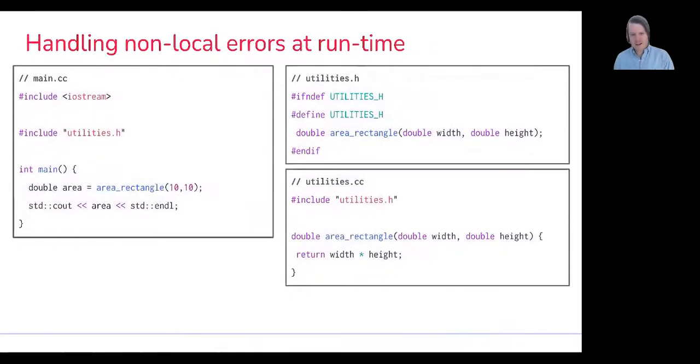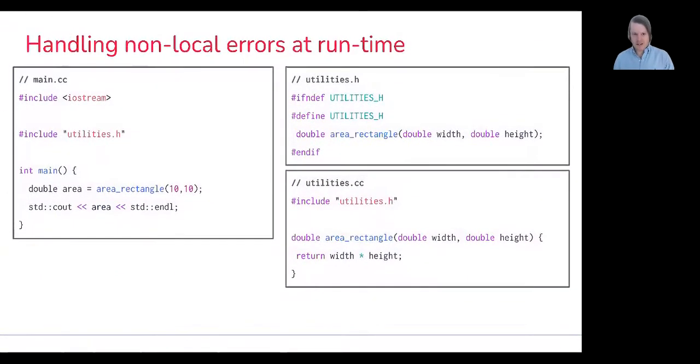So to give you an example of this, consider this code. I have main.cc over here on your left. All that is happening in here is we're calling a user-defined function, area of a rectangle, and then we're going to store the computed result in a variable named area and output that to standard output. We can stay here following best conventions.